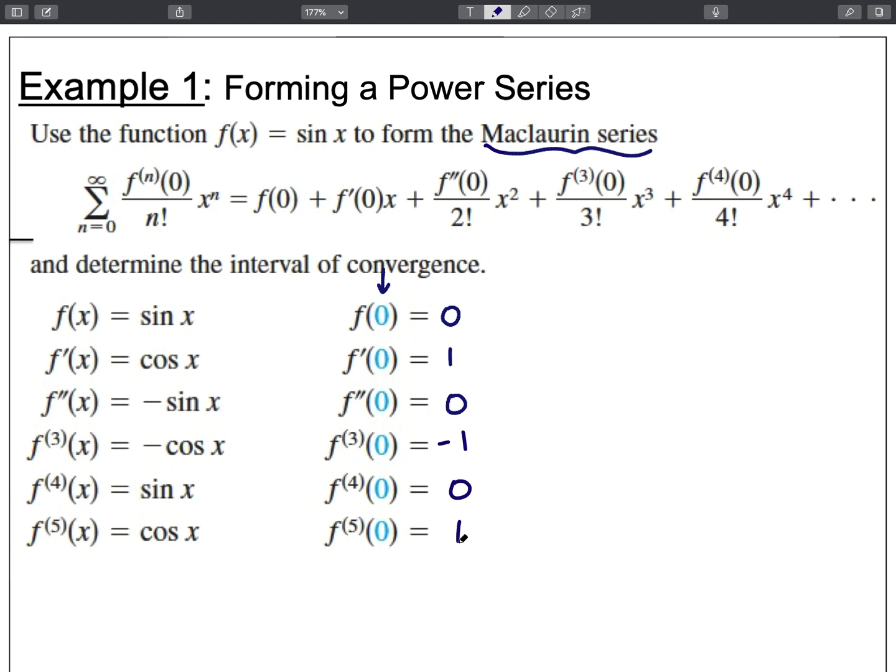If you look here, you can notice that all of the even derivatives, as well as the function itself, which you could argue is the 0th derivative, are going to be zeroed out. The only ones that are going to stick around are the odd ones. And this actually makes a lot of sense. We've already said before that sine of x is odd, so only the odd terms will stick around. So what do I know about sine of x?